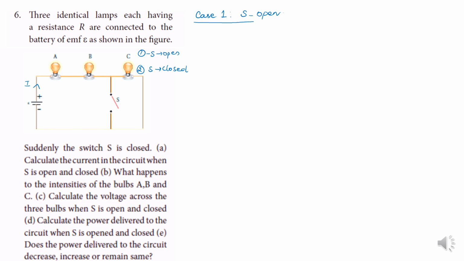In this case, the current flows through A, B and C, which means there are three resistors connected in series. These are loads. When current passes through these loads, there exist resistances. So there are three resistances connected in series. Let this be the EMF source. This is A, B and C. This is I, EMF.